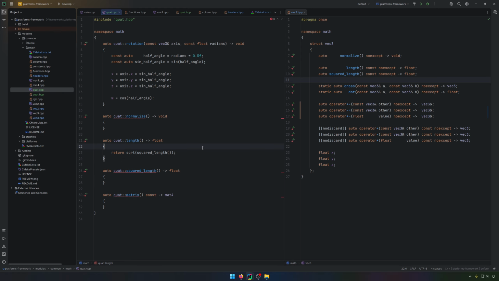Return the square root for the squared length, and the squared length is similar to what we had for the vectors. We multiplied each element with itself and added it to the final value.